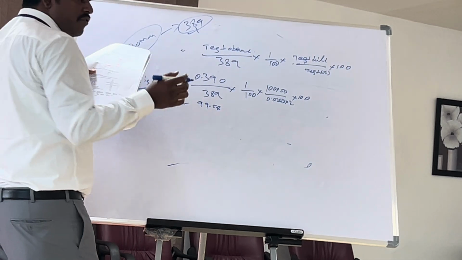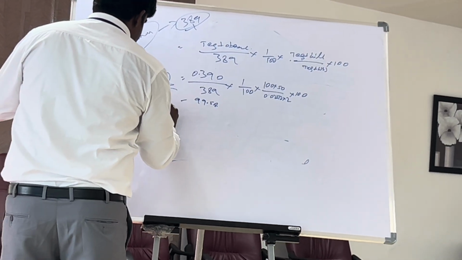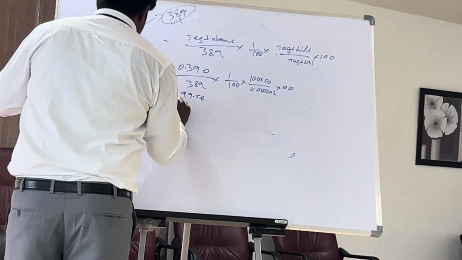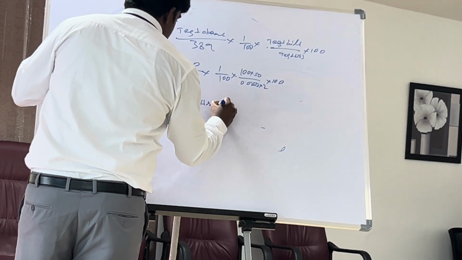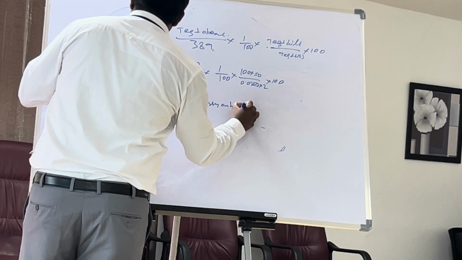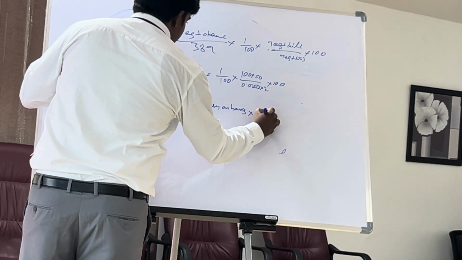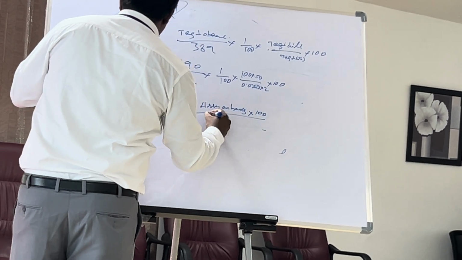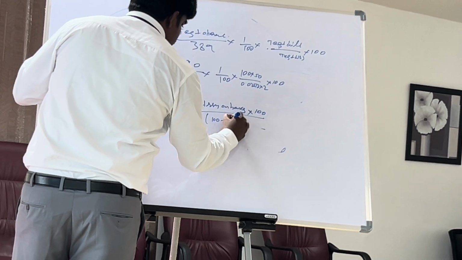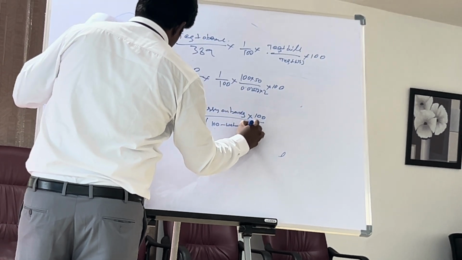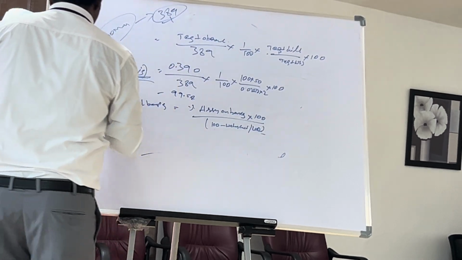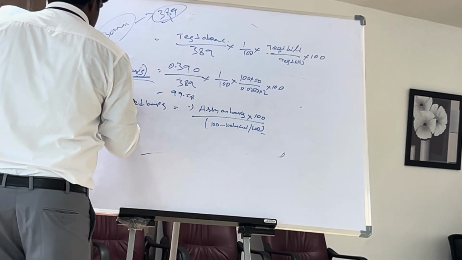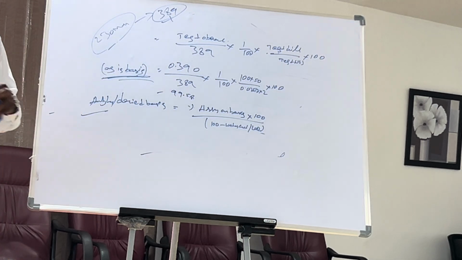The same way if you need to calculate dried basis, the same value: dried basis means percentage of SA on as-is basis into multiply with 100 divided by 100 minus water content or LOD. Here dried or anhydrous. Now you understand the difference.